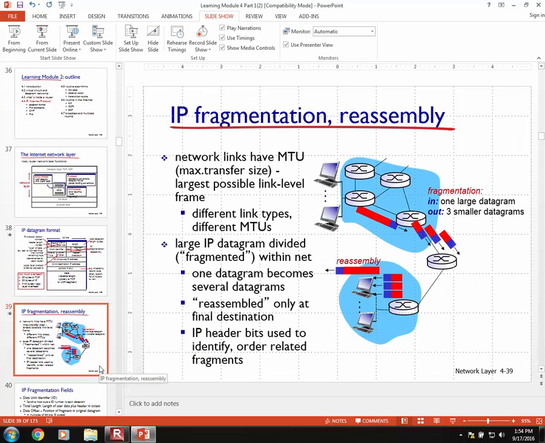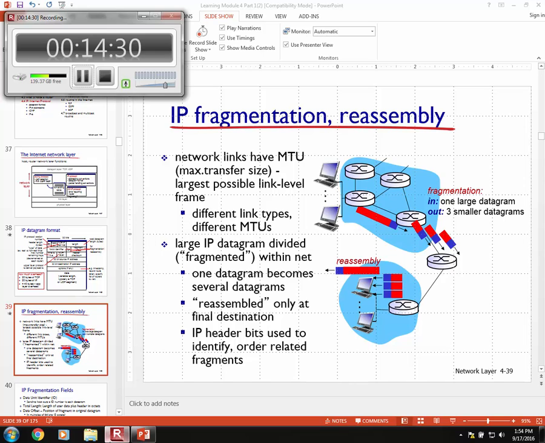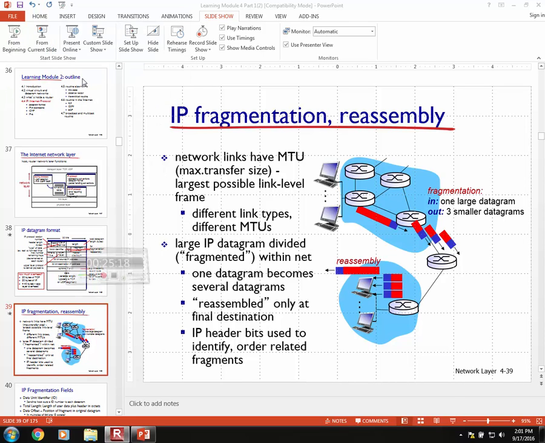So let's talk about the concept of fragmentation and reassembly. In IP networks, very often we have a very large piece of data that has to be fragmented and then reassembled at the end.